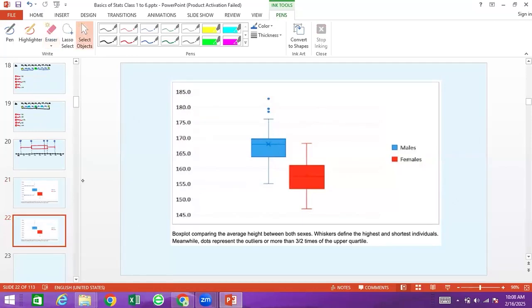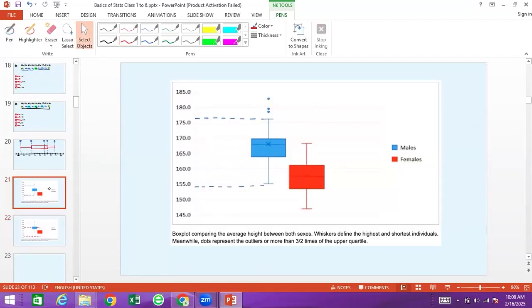When I look at a female, the maximum height is somewhere around 168, I believe. And the minimum height is somewhere around 146. This is how I should read it.